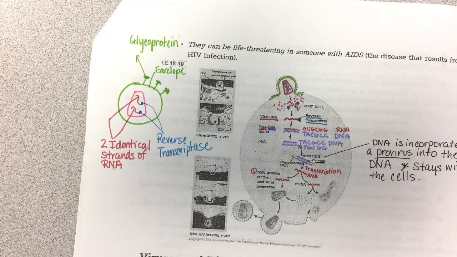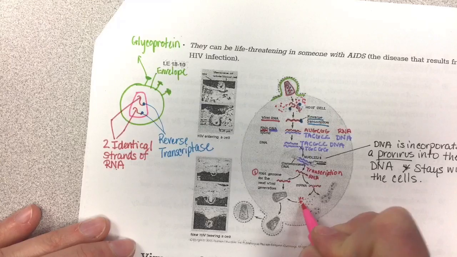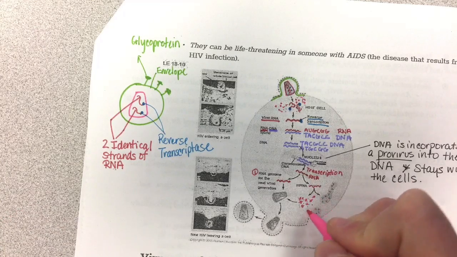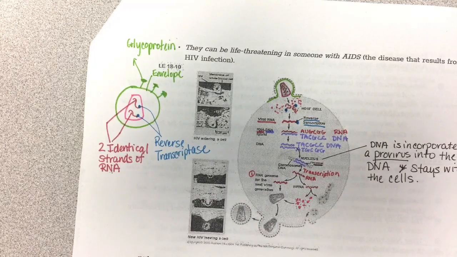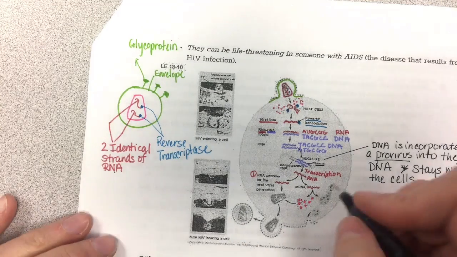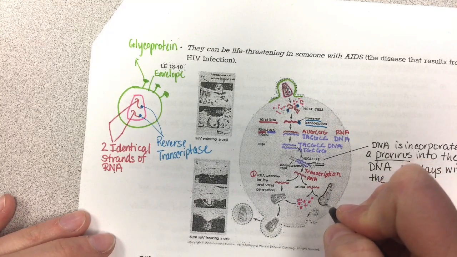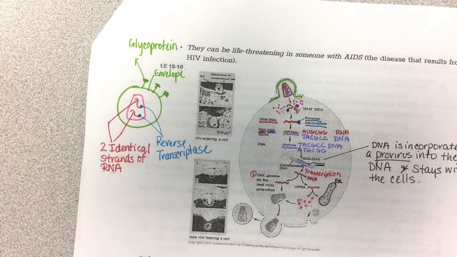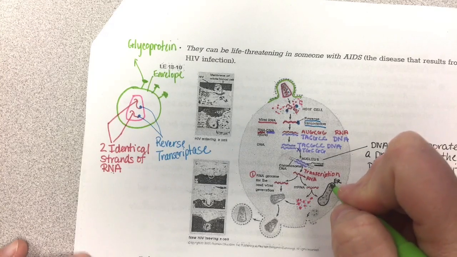So what are the viral proteins? The capsids. So here's the capsids. It makes capsid proteins and the glycoproteins, like we talked about in the ER earlier. So this is the ER, and there are ribosomes on the ER that are used to make glycoproteins.